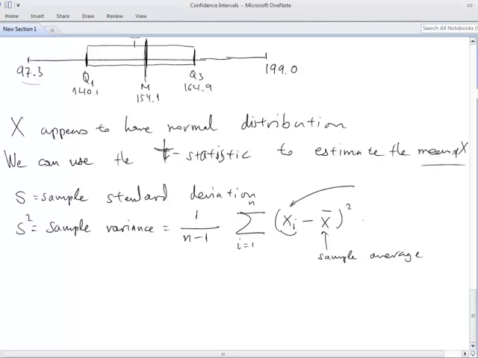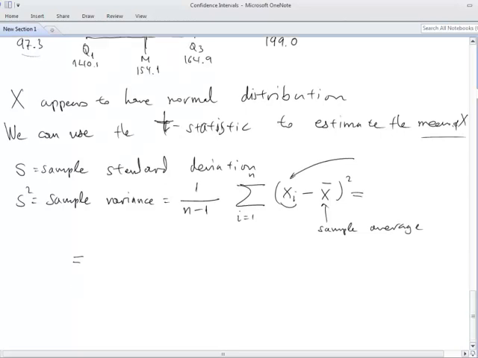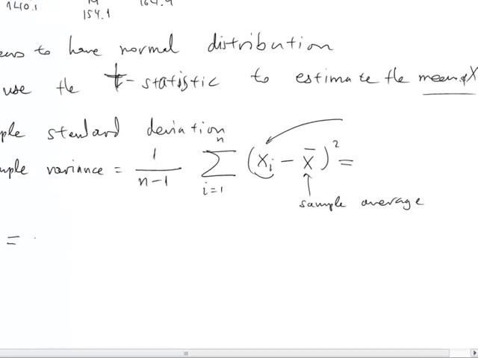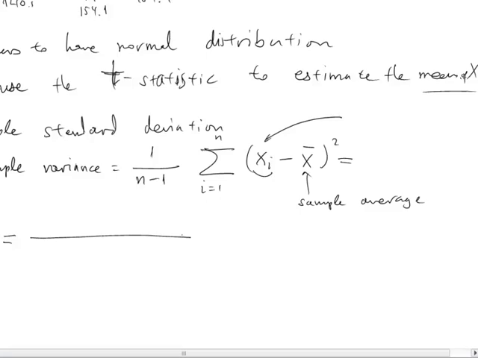Now this is a kind of complicated formula, so I'm going to give you a shortcut to calculate the sample variance, because you will need it. Numerator: n times the sum of the x sub i squared. So you take the x sub i's, square them, and take the sum of these squares.